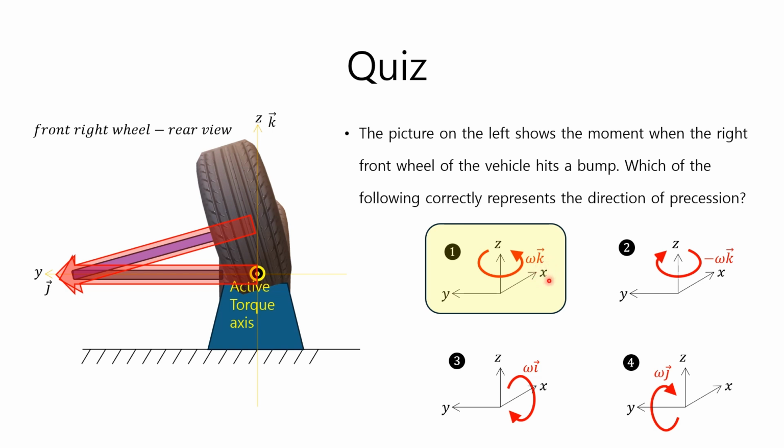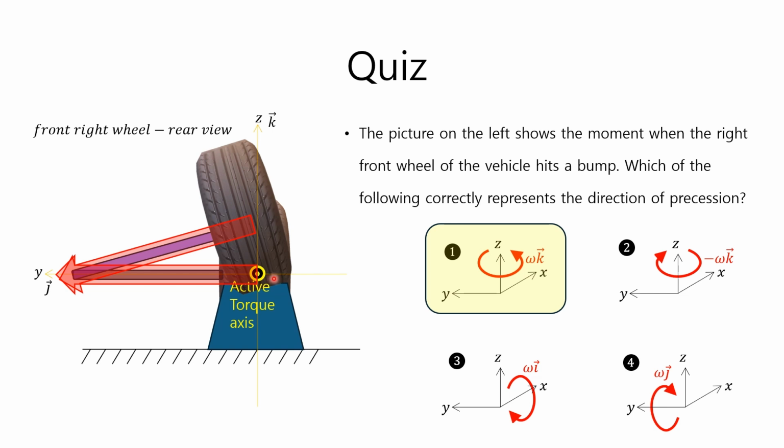As shown in the figure, the wheel is the right wheel of the front wheel, and when bumping, the torque acts with respect to the negative x-axis. Therefore, as shown in the figure, the active torque axis is in the direction coming from the screen when bumping.